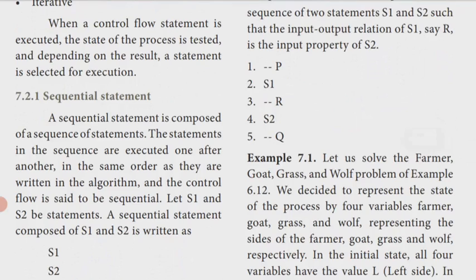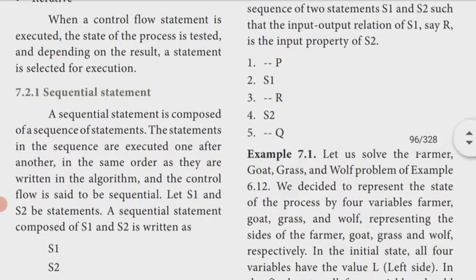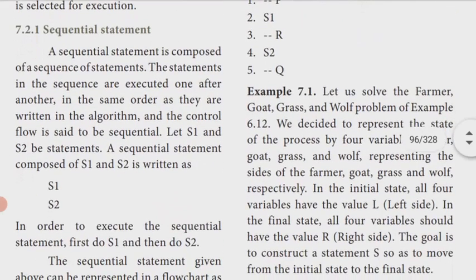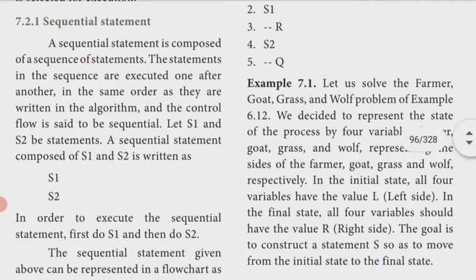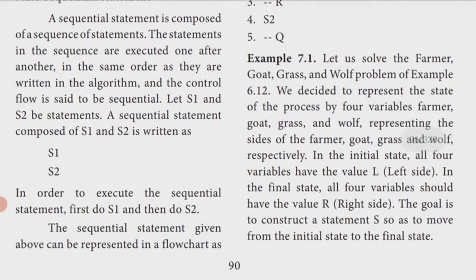Sequential statements mostly execute from the start of your program to the end of your program, or sometimes in reverse, from the end of the program to the start. That is called sequential. See here, S1, S2: first we process S1, after that we do S2. So this is called a sequential statement.